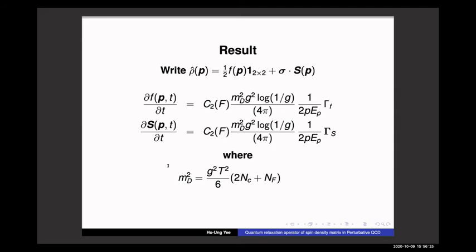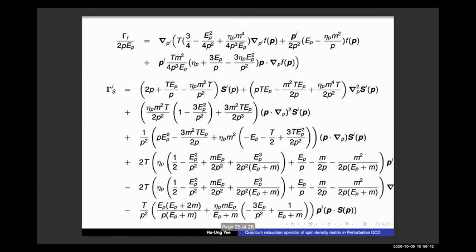Since the Debye mass is proportional to the coupling constant g, the right hand side is indeed g to the 4 times log of 1 over g. And this relaxation operator gamma for particle number and spin s is given by these quite complicated expressions.